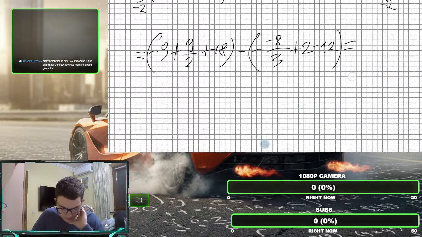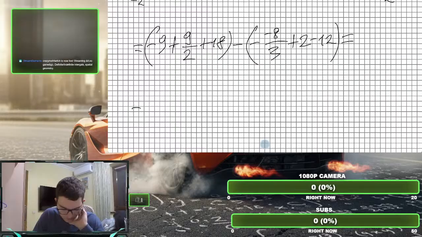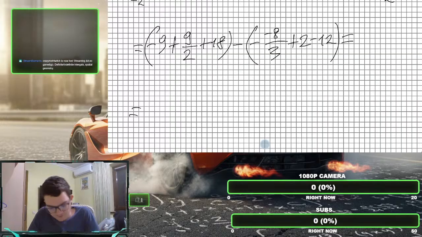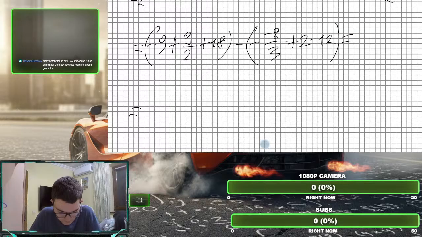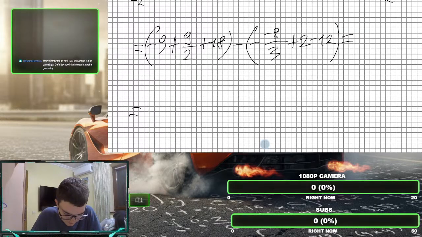Now moving once again here, equal, I'll have 9 plus 9 divided by 2.